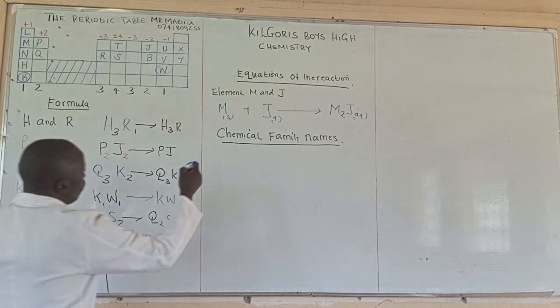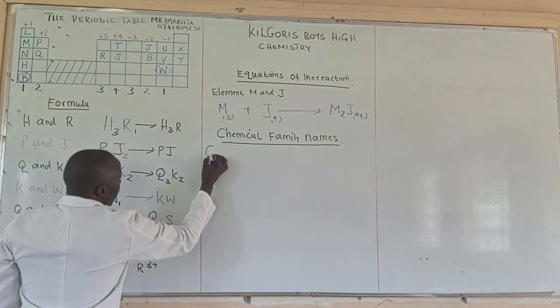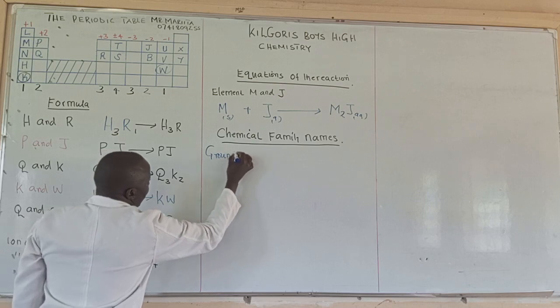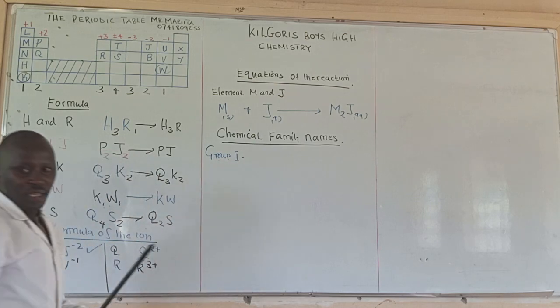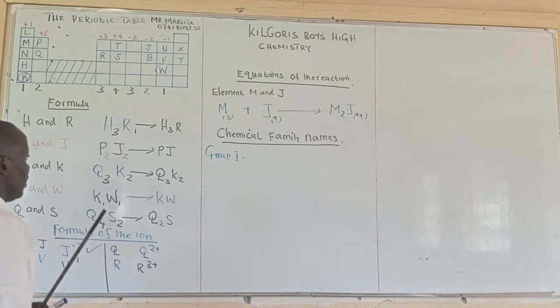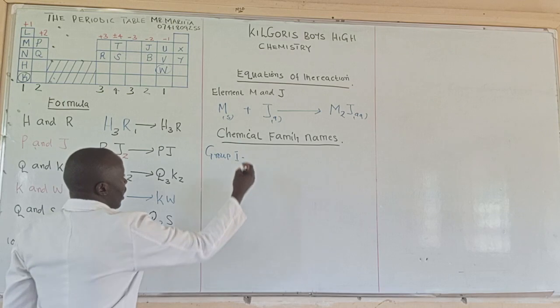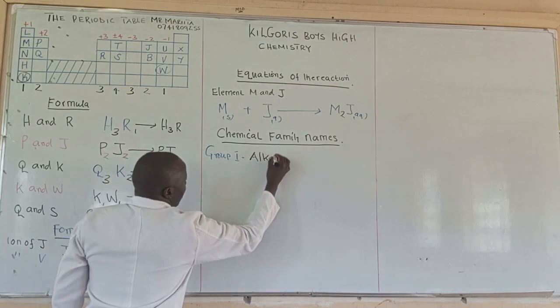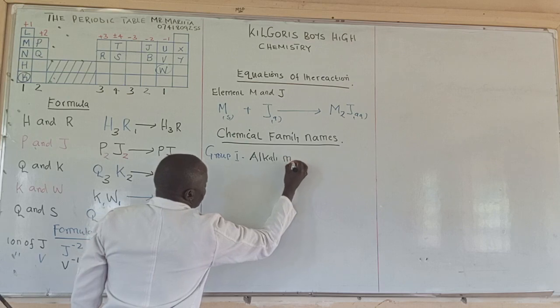So the elements in group 1. All of the elements in group 1 have been given the chemical family name of the alkali metals.